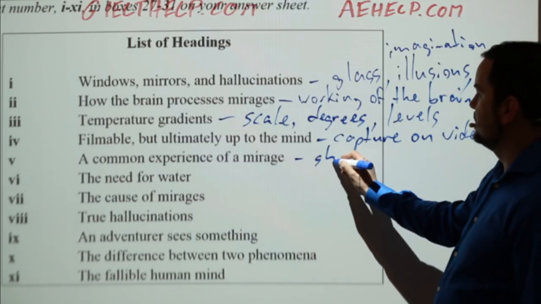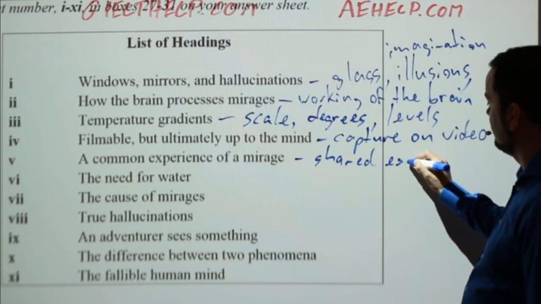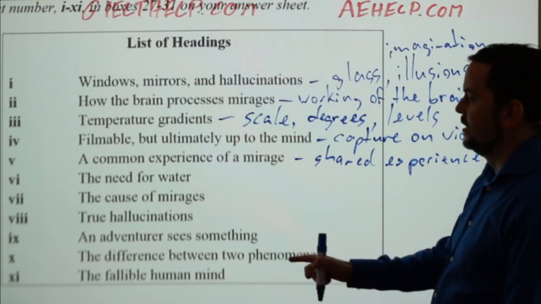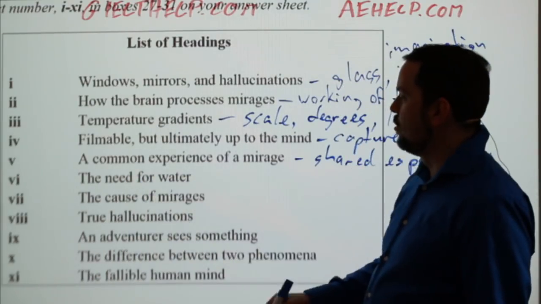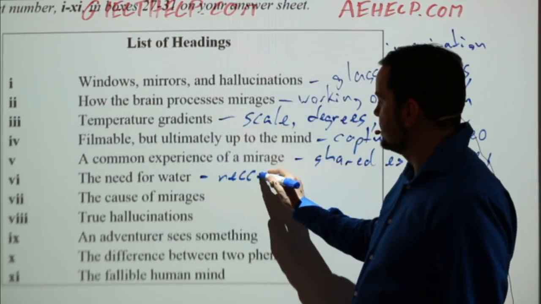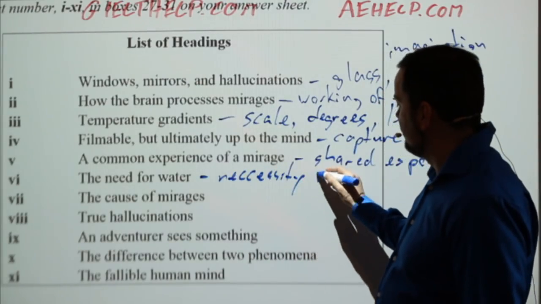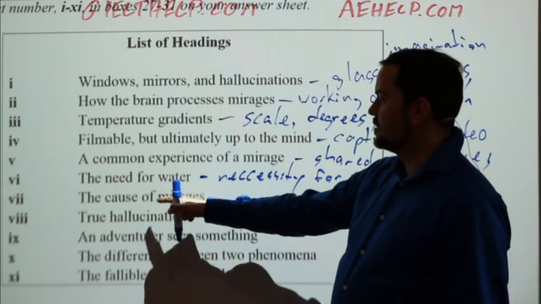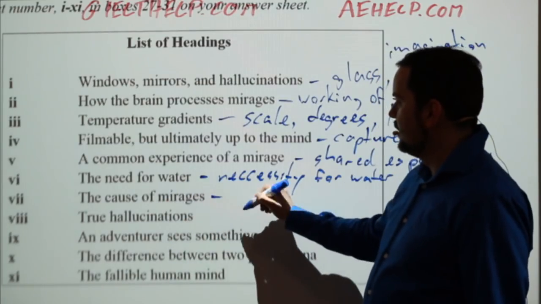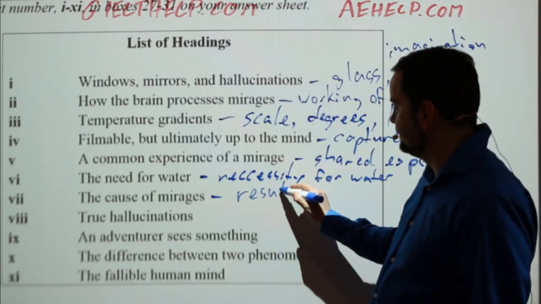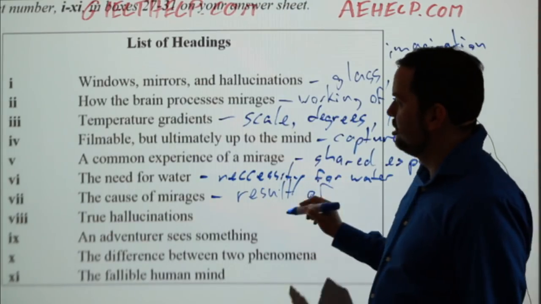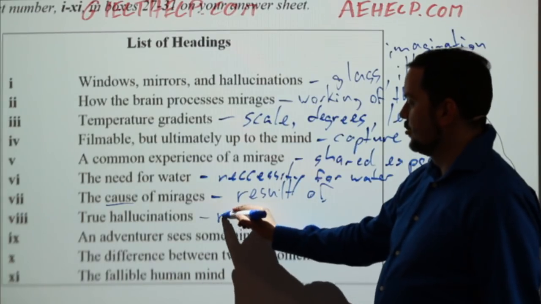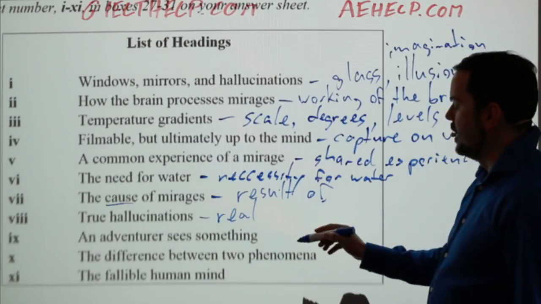A common experience of the mirage, shared experiences. Okay, I'm just going to do these ones a little bit quickly. The need for water, necessity for water. Okay, the cause of mirages, result of, for cause, true hallucinations, real delusions.